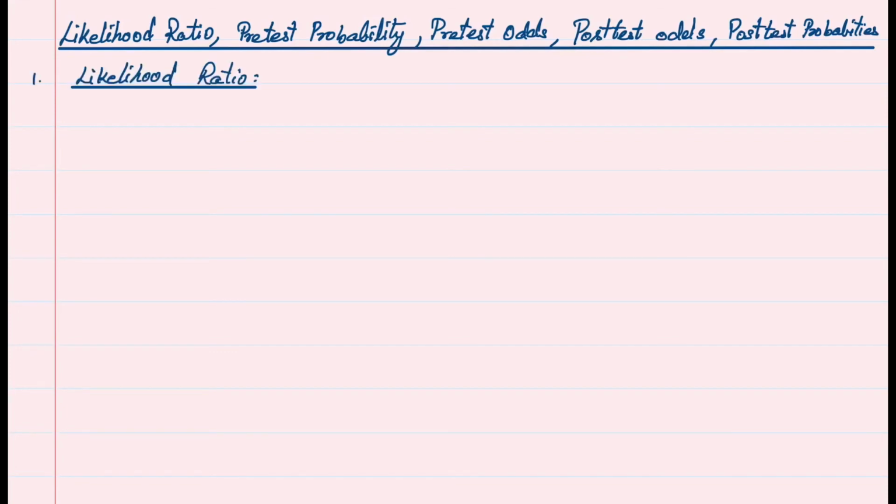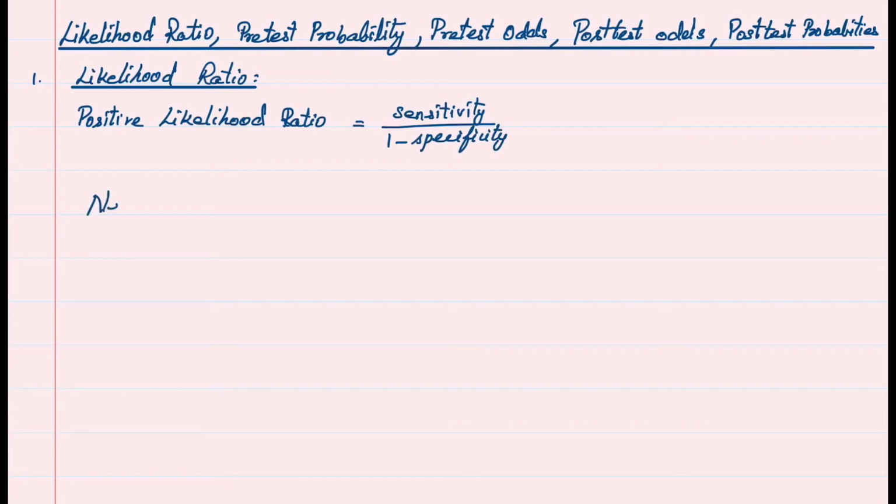For likelihood ratio, we have positive likelihood ratio and negative likelihood ratio. Positive likelihood ratio formula is sensitivity upon 1 minus specificity, and negative likelihood ratio formula is 1 minus sensitivity upon specificity.